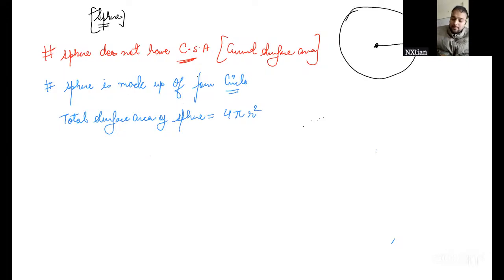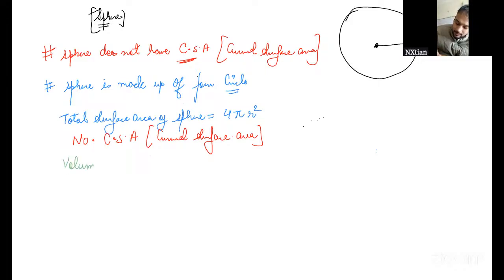Okay, so I told you the sphere is made up of four circles. So there is no CSA, no curved surface area. And now volume.